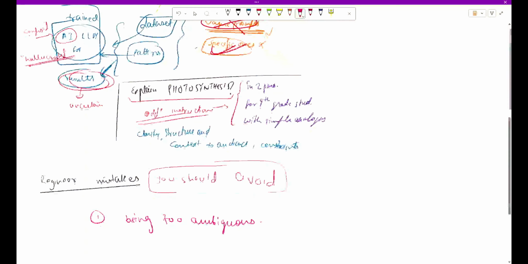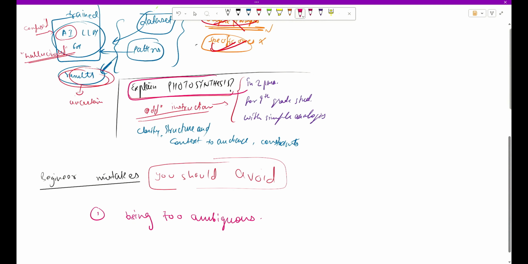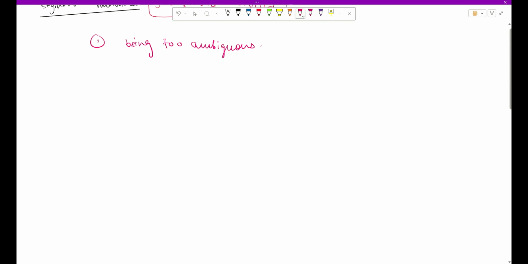The prompt, if I give it the way "explain photosynthesis," is very ambiguous. And AI will be assuming whatever in this open-ended question about the audience, the context, the structure, the clarity, everything. So don't be too ambiguous.